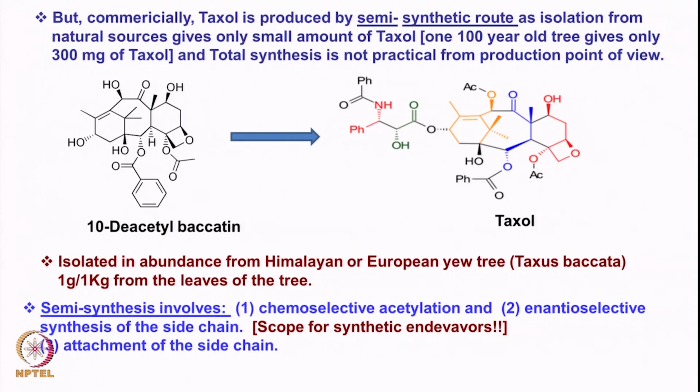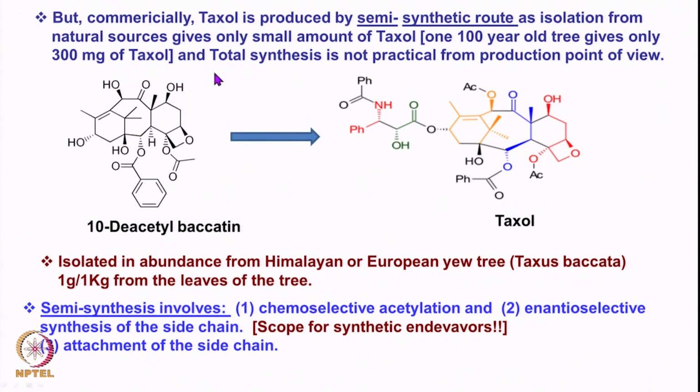As you can see, a 100-year-old tree gives only 300 milligrams of Taxol. So you can imagine, you have to grow a tree for 100 years and then you can at most get 300 milligrams of the molecule, that is Taxol.